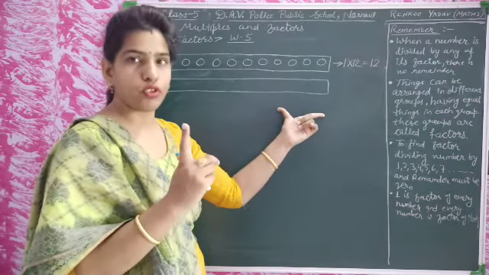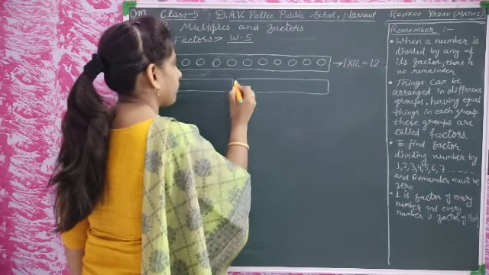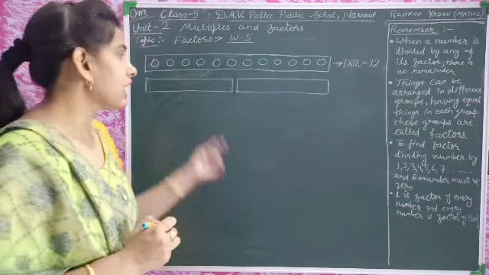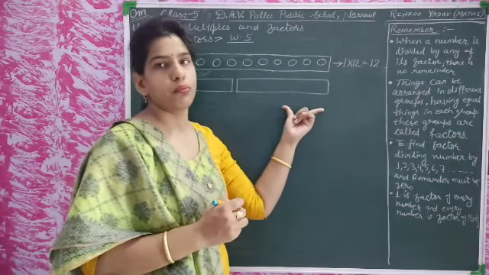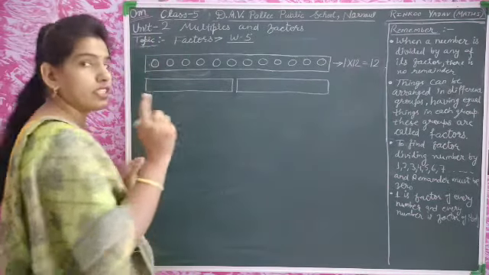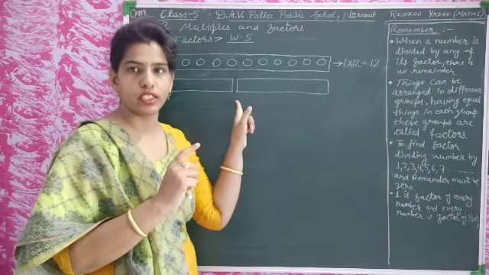If we want to divide it into two parts, this will be the one part and this will be the two part. Is it clear, students? Both groups have the same number of things. There is nothing left out here.